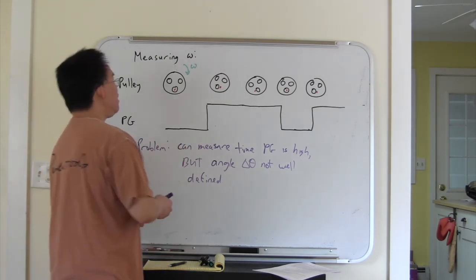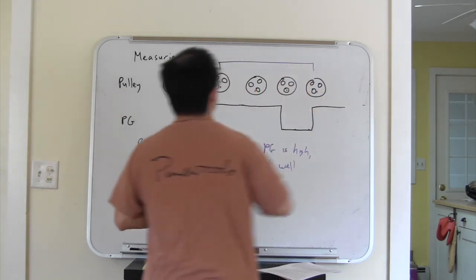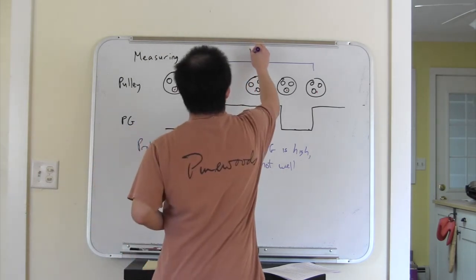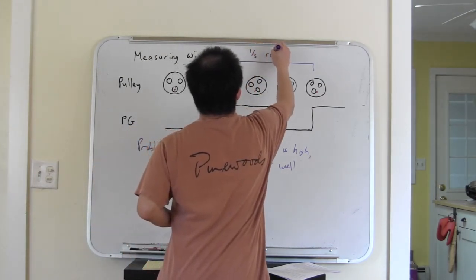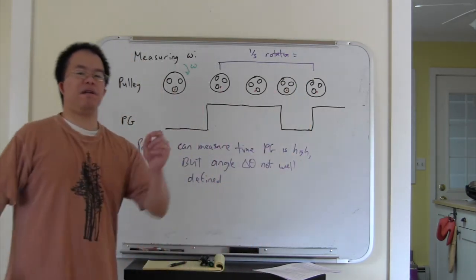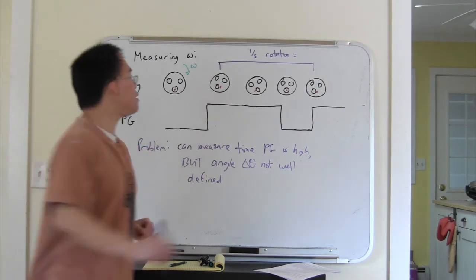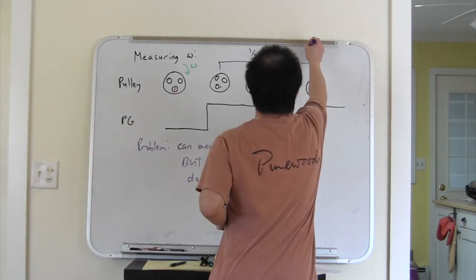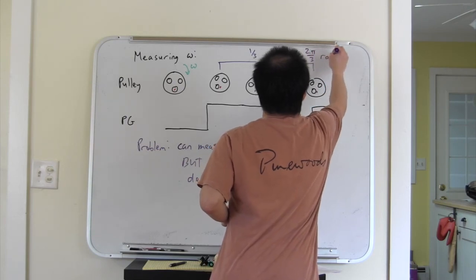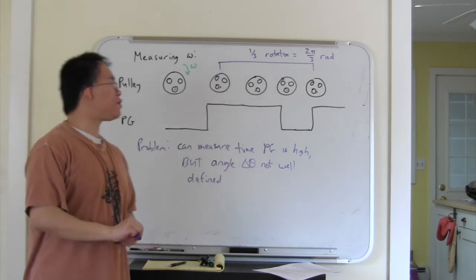Because this is well defined. This is exactly 1/3 of a rotation. And specifically, you know that a full rotation is equal to 2 pi radians, and so 1/3 of that is 2 pi over 3 radians.